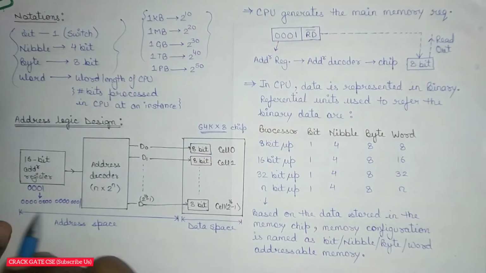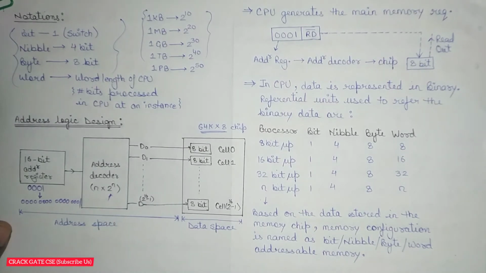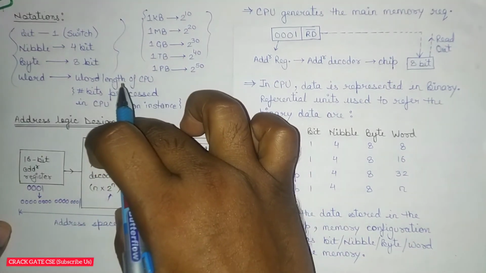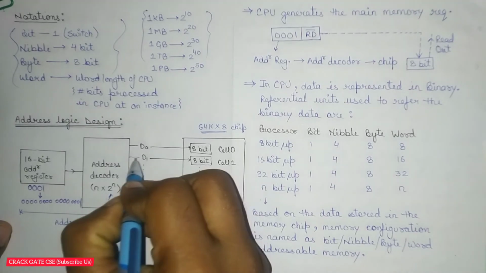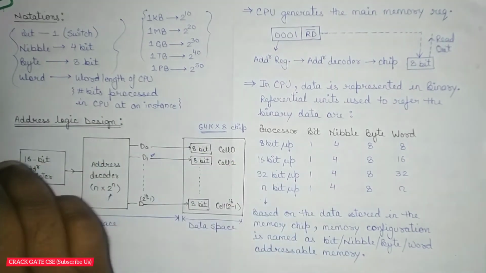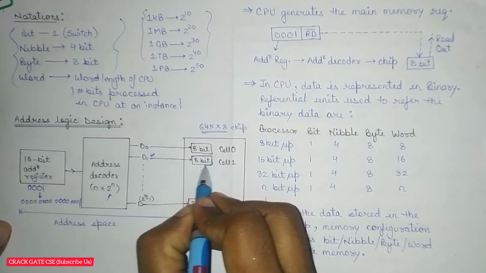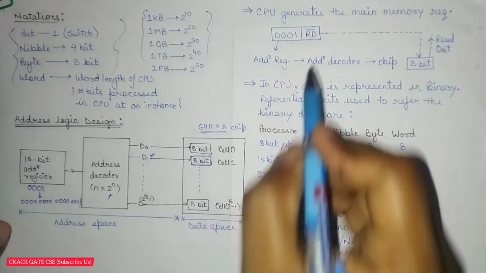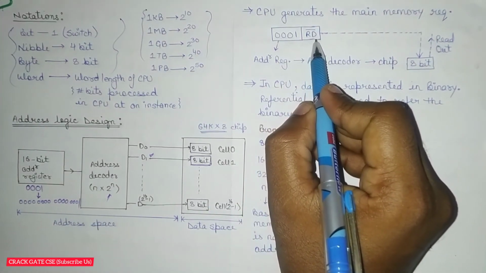On the basis of these values, it will find out which particular line is to be enabled. When this information is present inside the address decoder, it will find out the value. Here the value is 1. That means this D1 will be enabled, and when we move to D1, we get to know where the respective cell is. We will enable this cell, and by using this control signal, we get to know that we have to read the value.